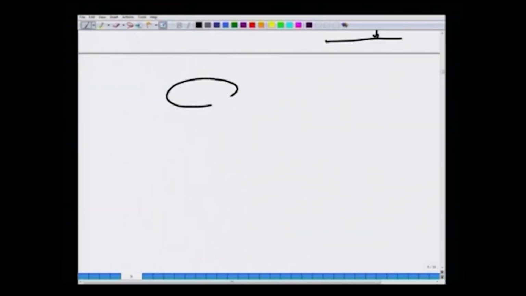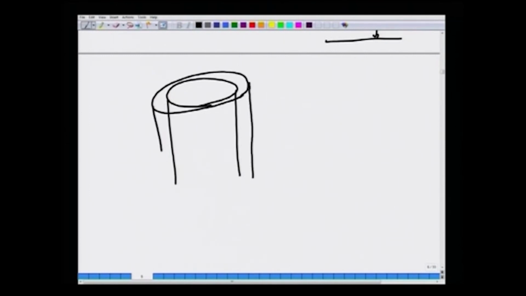Suppose you have two concentric cylinders: one inner cylinder surrounded by an outer cylinder. The radius of the inner cylinder is r_i.